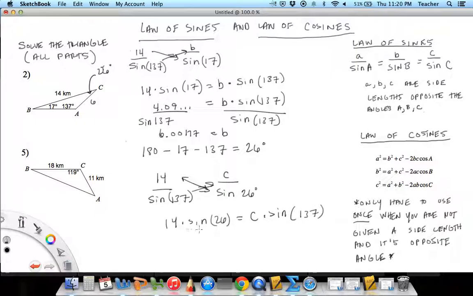So in my calculator, I take 14 times sine 26 divided by sine 137, and if you did that correctly, you should get 8.99988, equaling C. Make sure that you get the same answer.